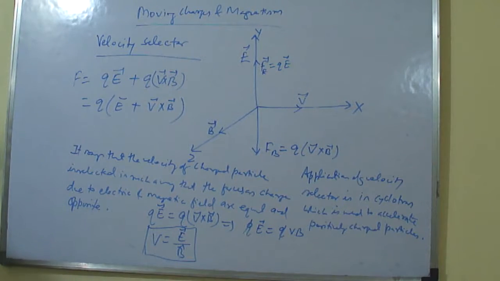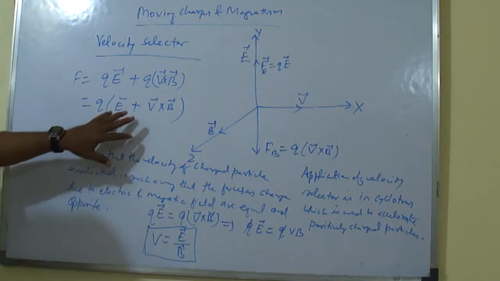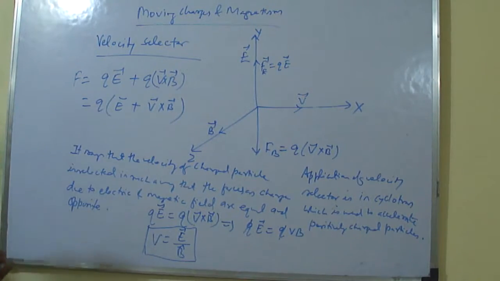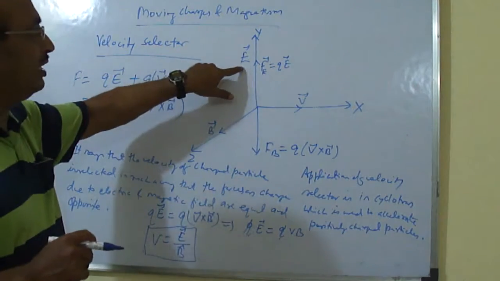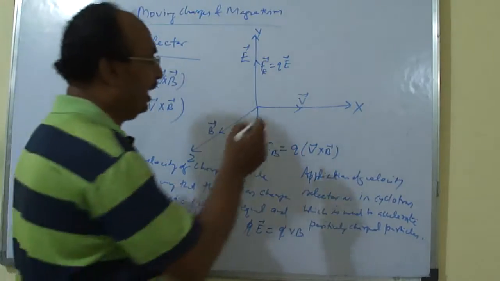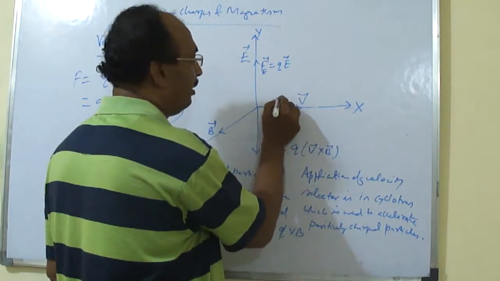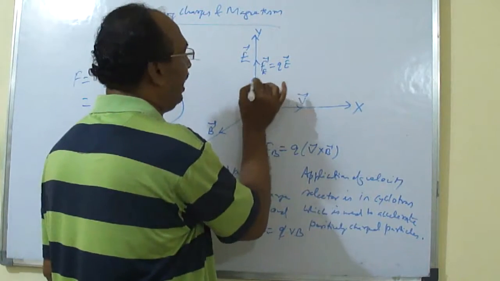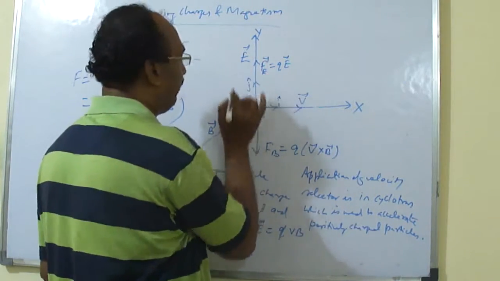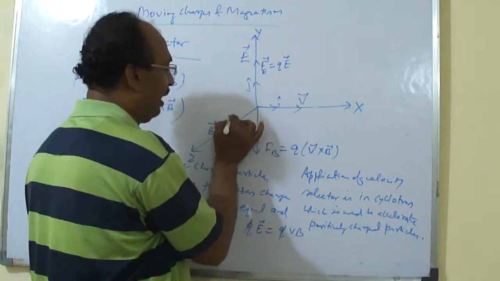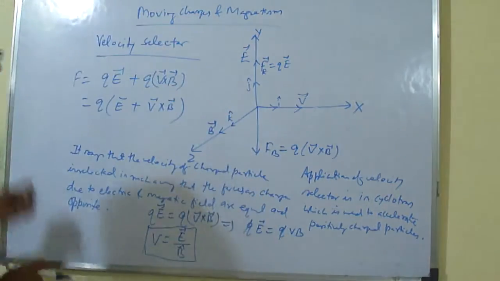Now one more thing you see here, in one more way we can explain this. See, your electric field is in which direction? Y direction. You know that in x direction we have unit vector i, in y direction unit vector j, and in z direction unit vector k.